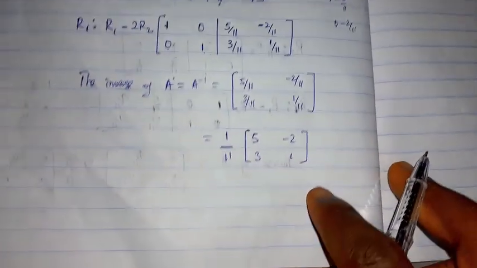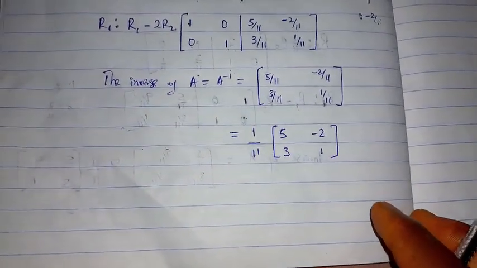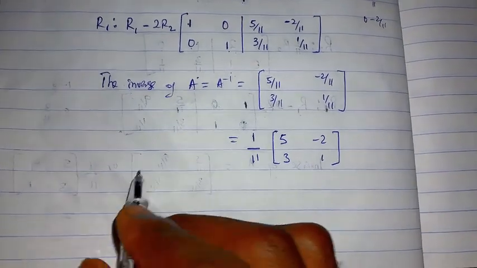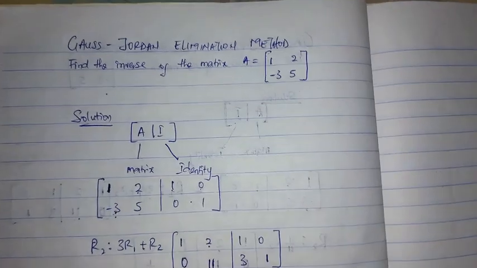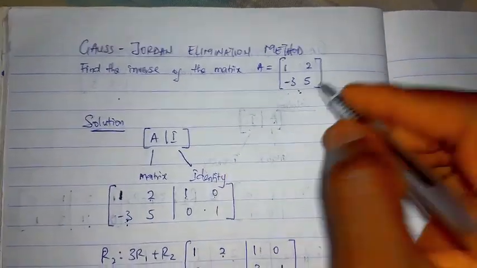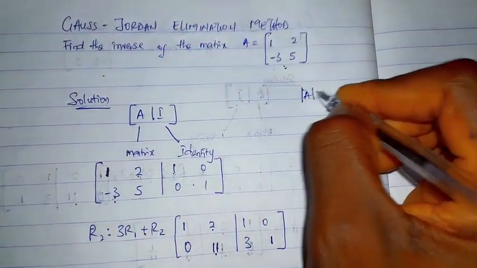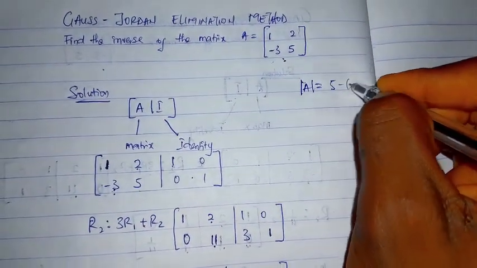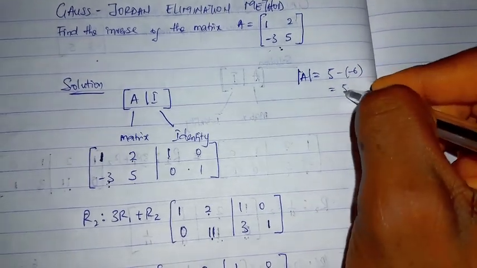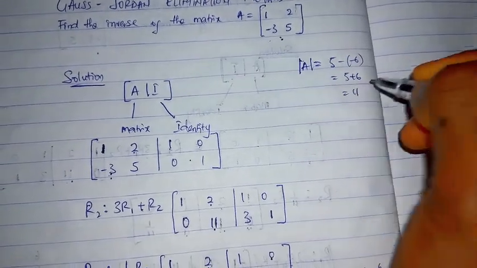Now, to check, let's confirm if our answer is actually right. The normal way of finding the inverse of a 2 by 2 square matrix is to find the determinant. The determinant of A in this case is 5 minus minus 6, which is 5 plus 6, which is 11.